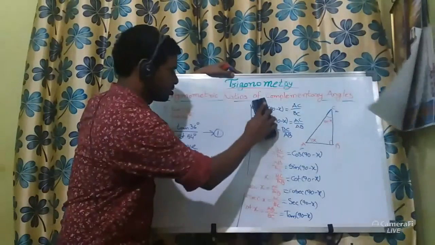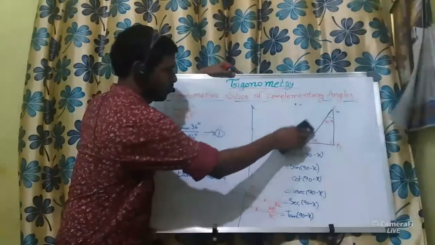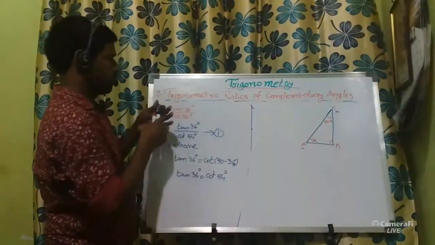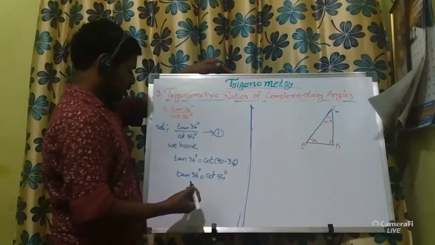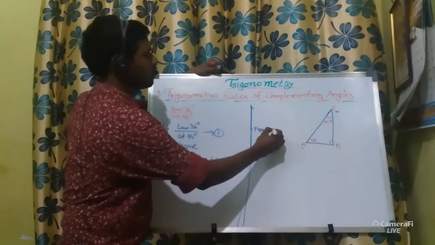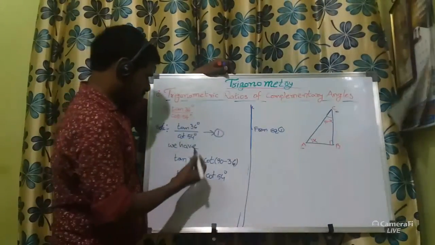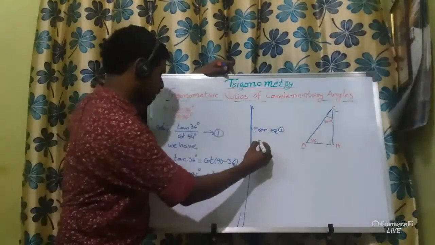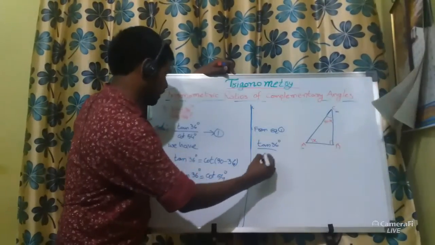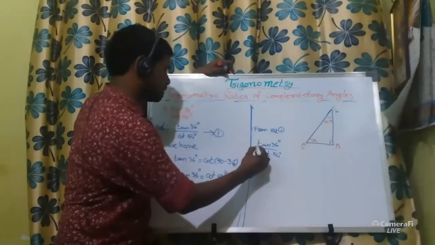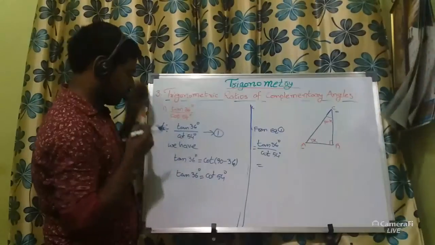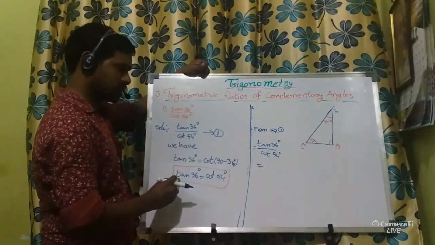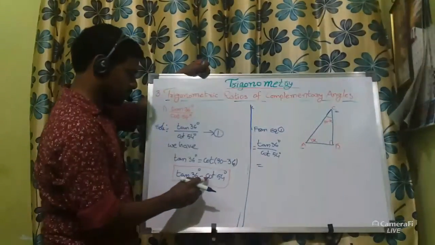Substitute these values in that equation. From equation 1, tan 36 degrees by cot 54 degrees: by using this formula, instead of tan 36 degrees we write cot 54 degrees.